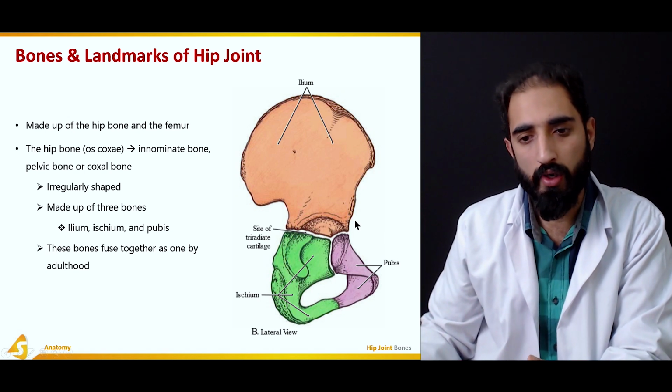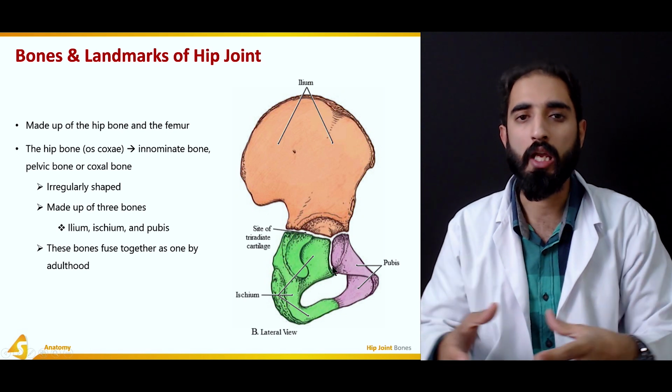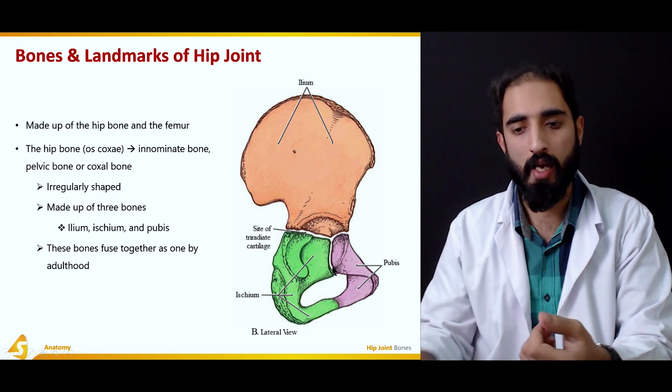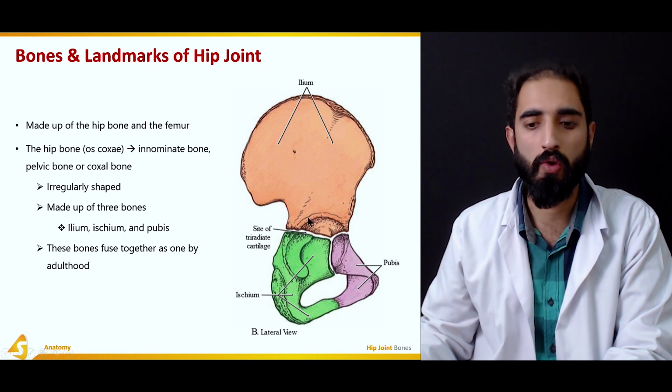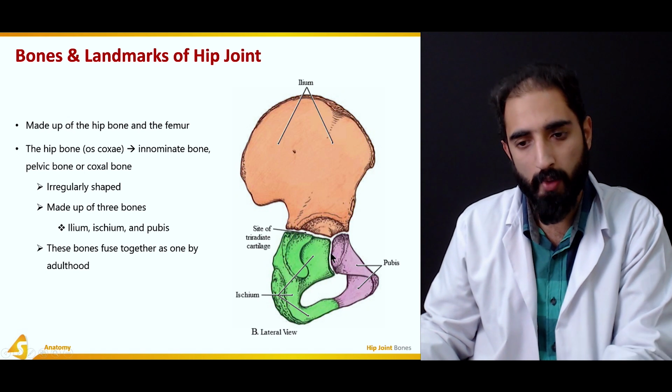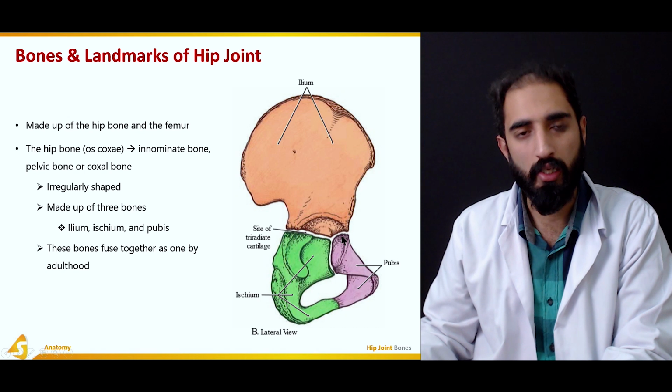It is the area where these three bones meet each other and they contribute equally to form the acetabulum. You can see that the acetabulum has a portion from the ilium as well as the ischium as well as the pubis.